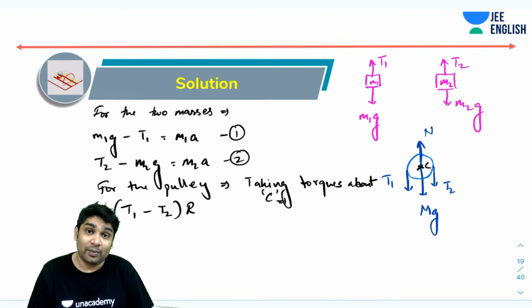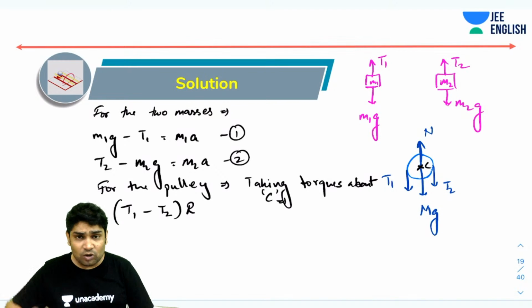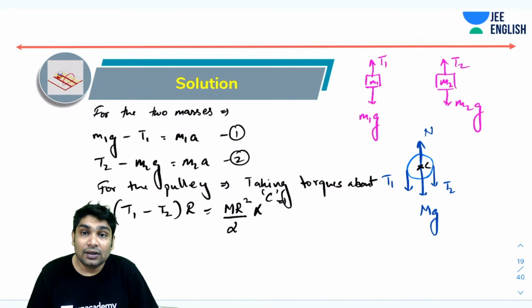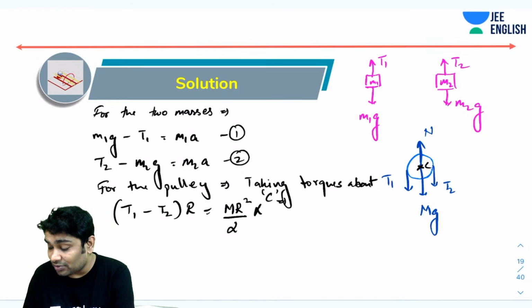Only torque is provided by T1, which is counterclockwise, and by T2, which is clockwise. So this will be the net counterclockwise torque, and this should be equal to mR squared by 2 times alpha. Pulleys can be treated as this. Agreed? Let me know if you have any problem in this equation. This will be my equation number 3.